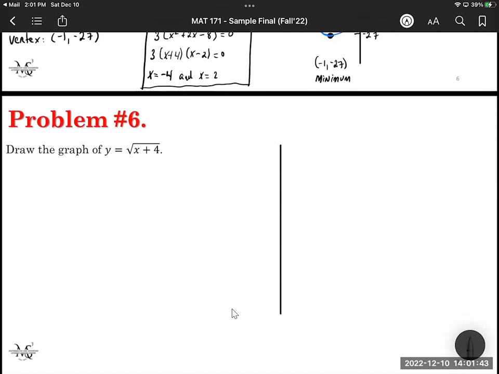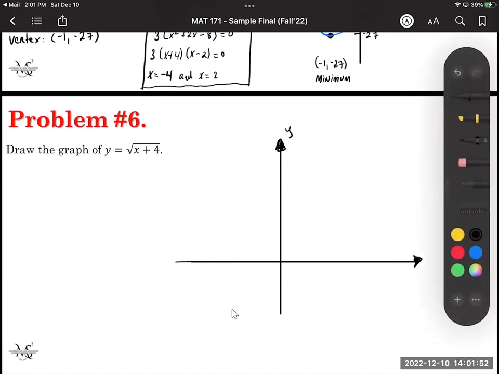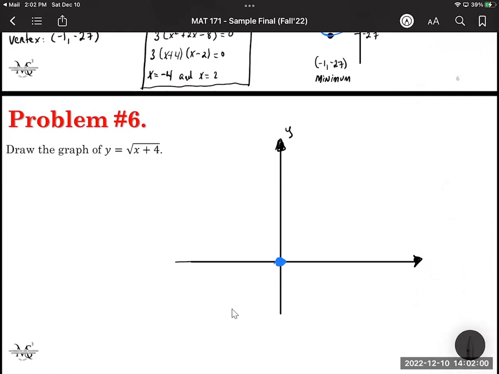So on my graph, I first draw the square root function. The square root of x starts at the origin, and it's going to be increasing much more slowly than, let's say, a quadratic would. So it's increasing without a doubt, but at a slow rate. So here I have the graph of y equals the square root of x.